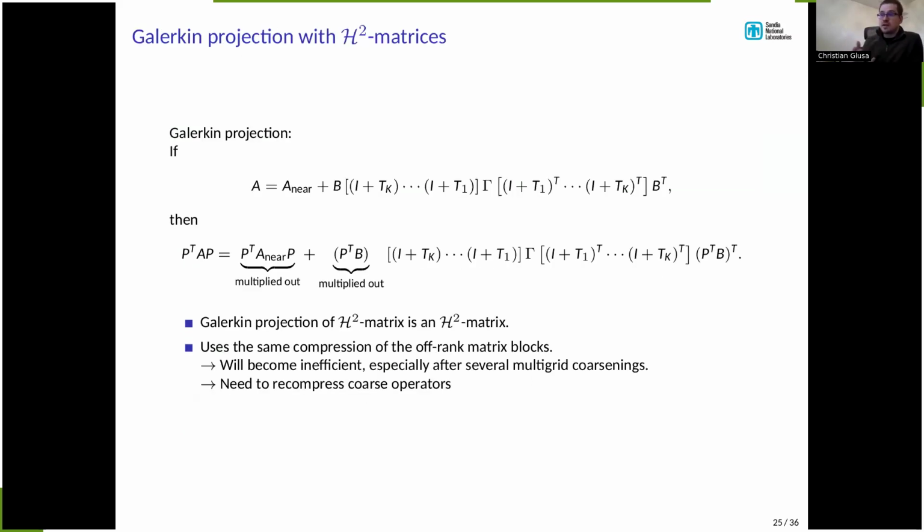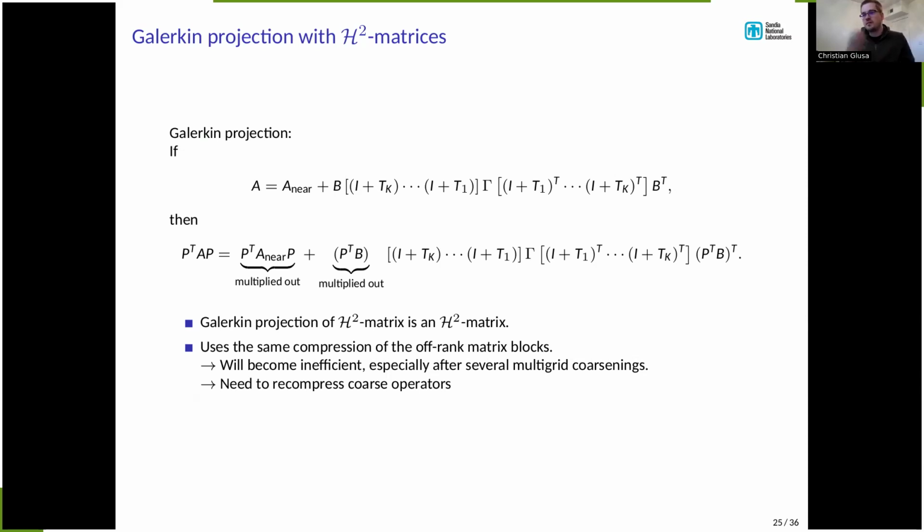All right. So the second topic that we need to address is that we need to be able to perform this triple product of a sparse matrix, hierarchical operator, and then sparse matrix to form our coarse grid operators.